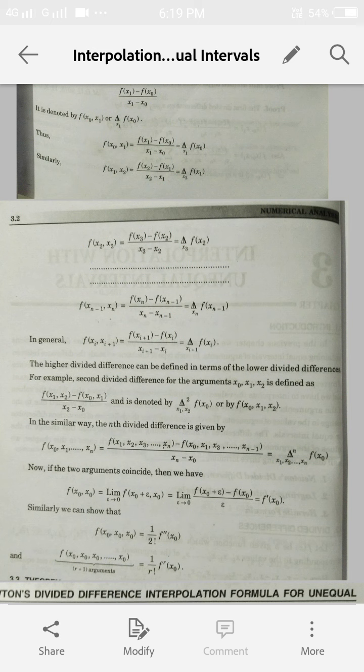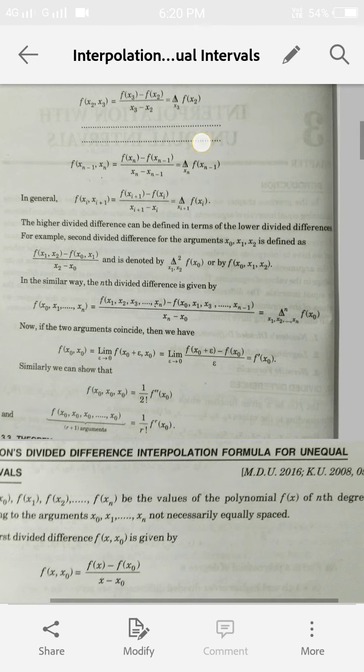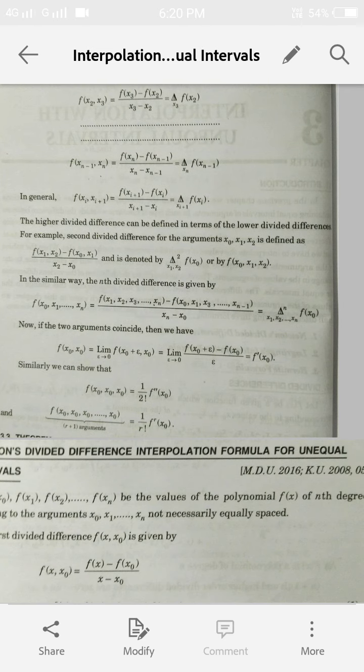So here we find the second divided difference, and that will be operated on the arguments x0, x1 and x2. Just as the second order forward and backward differences are the differences of first order differences, in the same way the second order divided difference will be the difference of first order divided differences. So we can write the first order divided differences as f(x0, x1), similarly f(x1, x2).